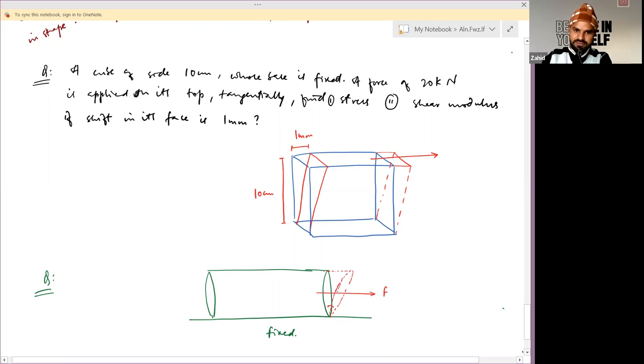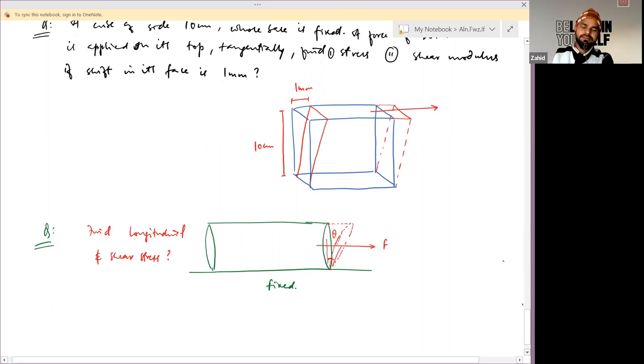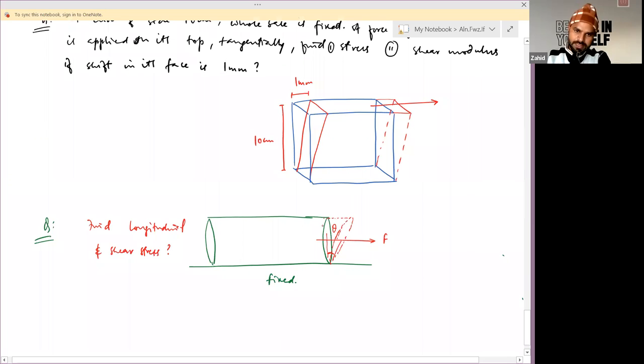Let's say the shift in position from this point to this point is theta. Then find the longitudinal and shear stress. Let's say the area of this particular surface is A.